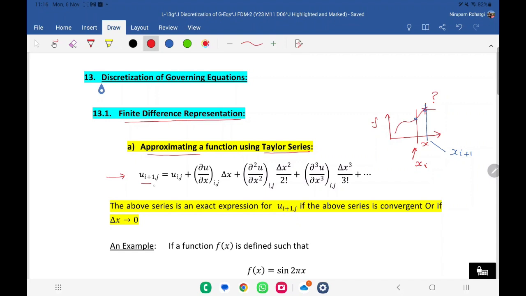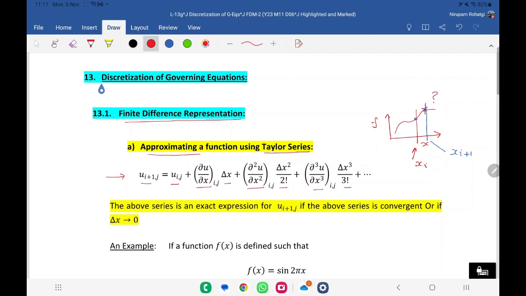So u(i+1) is equal to u(i) plus first derivative at i with respect to x multiplied by delta x, then second derivative with respect to x multiplied by delta x square by 2 factorial, then third derivative with respect to x at i, right, and multiplied by this coefficient, and it goes on. This is an infinite series. Okay, so Taylor series is an infinite series.